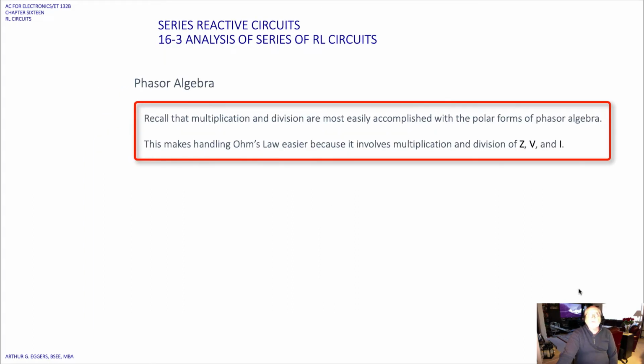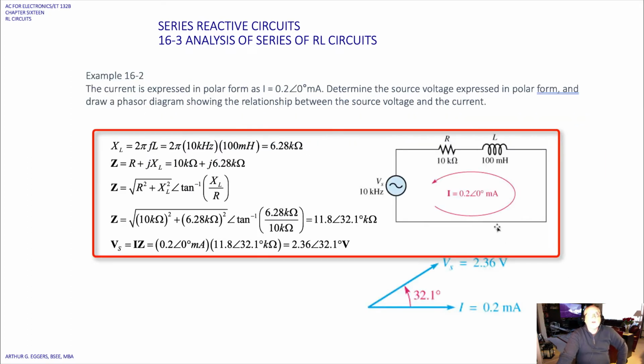Recall that multiplication and division are most easily accomplished with the polar forms of phasor algebra. This makes handling Ohm's Law easier because it involves multiplication and division of our three components. So let's look at this example here.